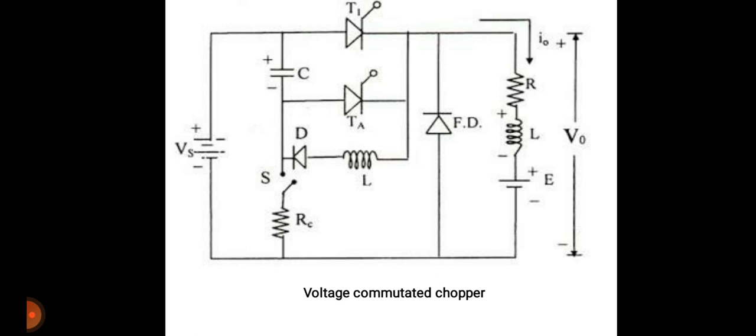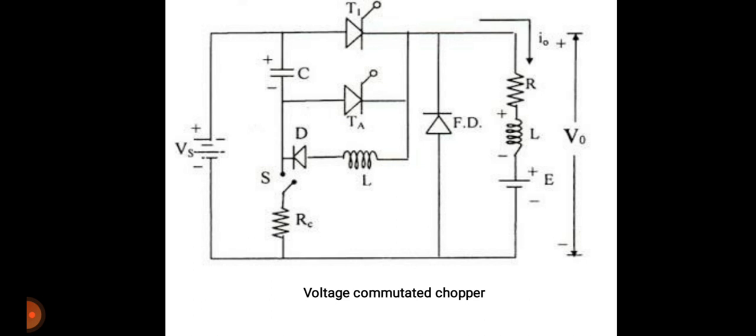This can be achieved in one of two ways. First one is to close switch S, so that the capacitor gets charged to voltage Vs through source Vs, Cs and charging resistance Rc. Switch S is then opened.